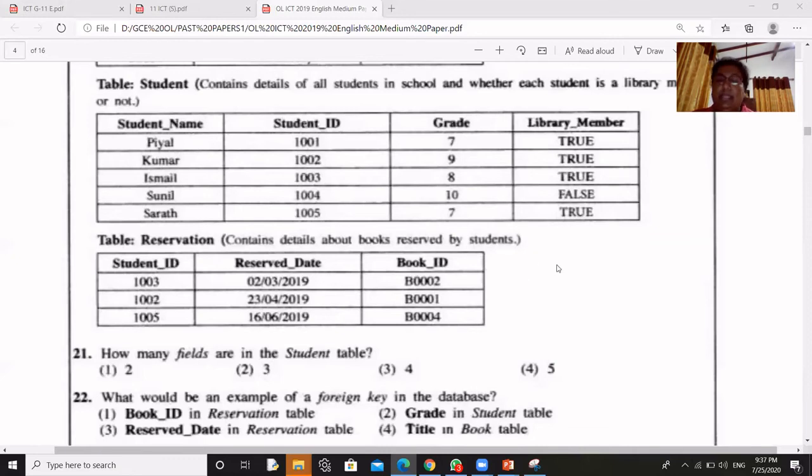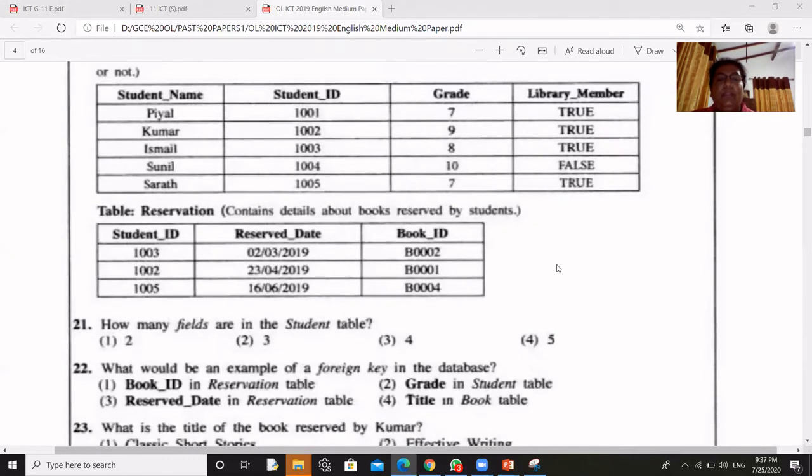Okay, let's think that way. But let's see how we find the answers, because you have to select the most suitable answer.